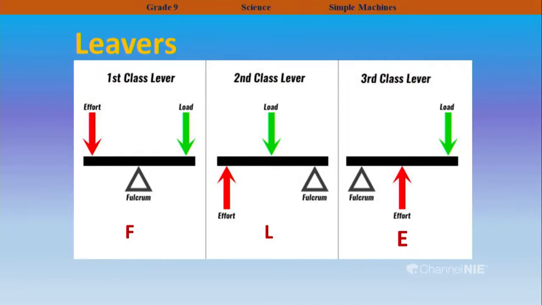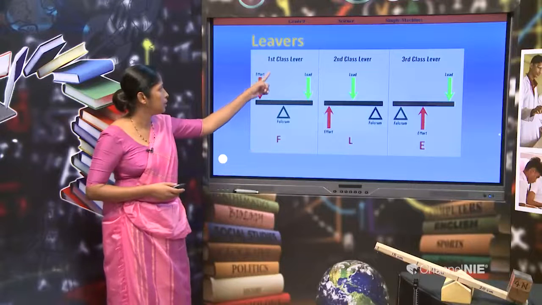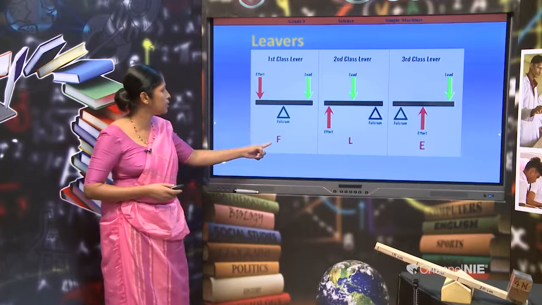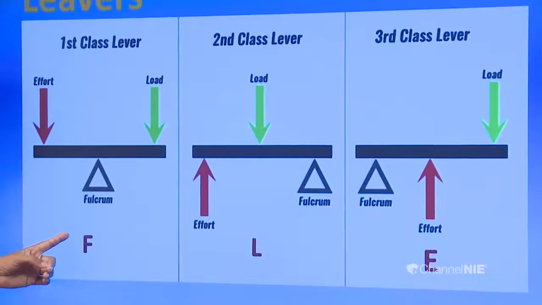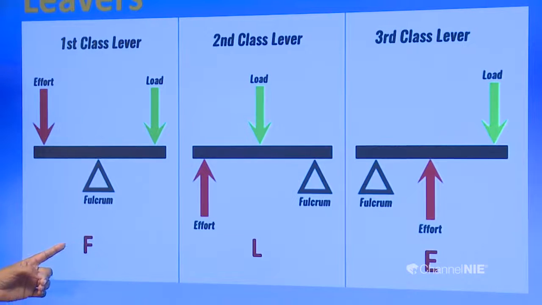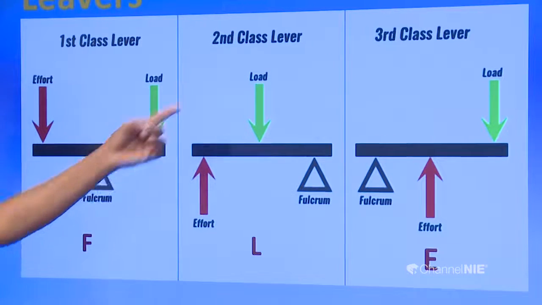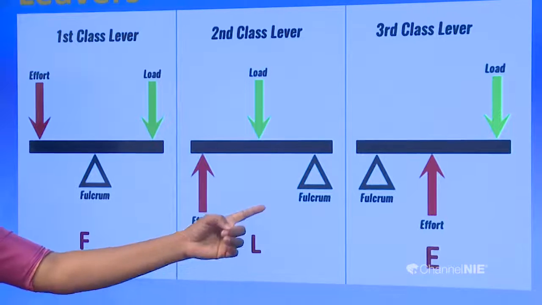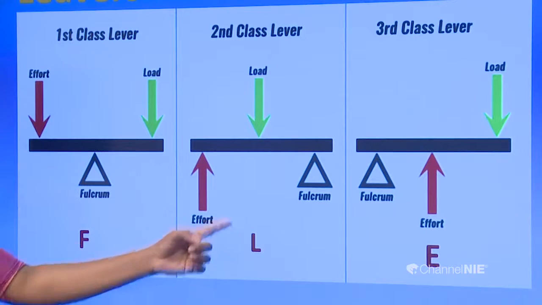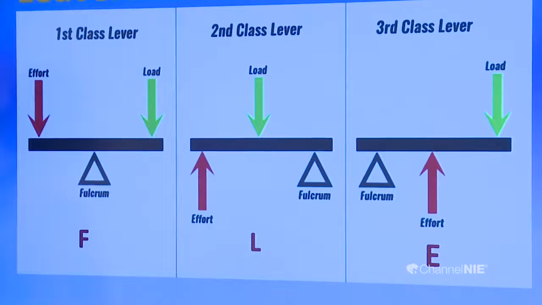If you find it difficult to remember, you just write FLE. The F in the first class order levers: in the first order levers, F is in the middle, that means fulcrum in the middle. In the second class levers, L is in the middle, that means load is in the middle.